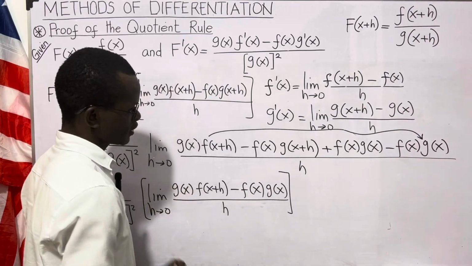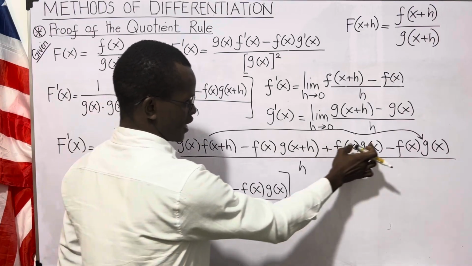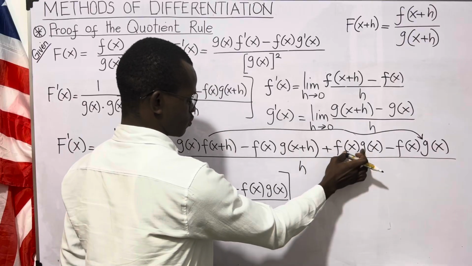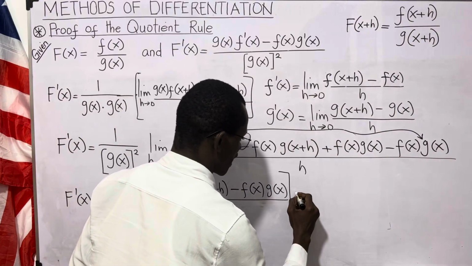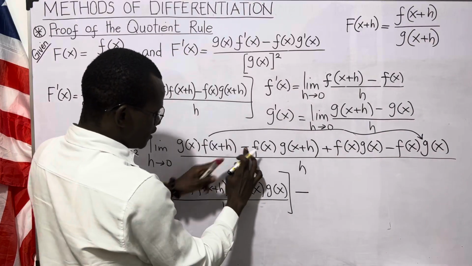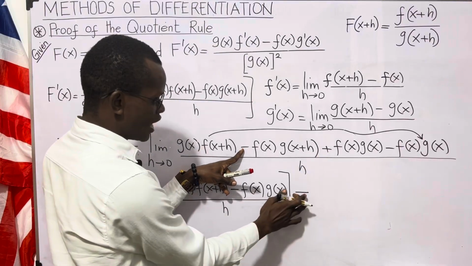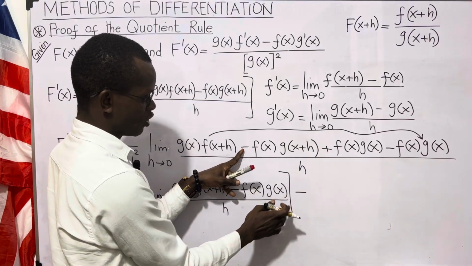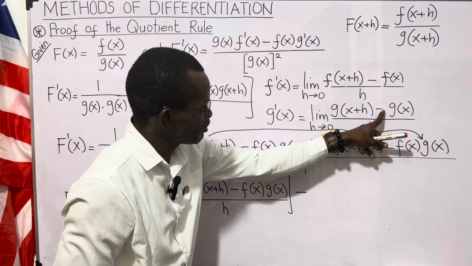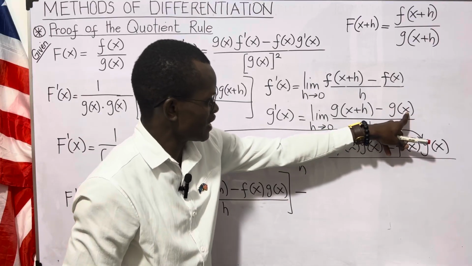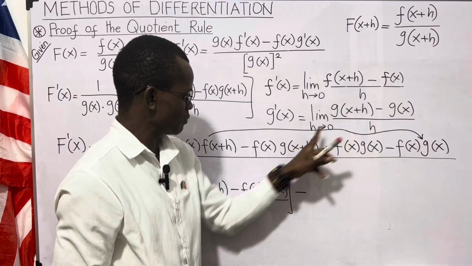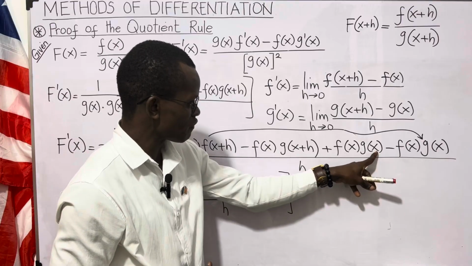The next is I have this and this as well, right? These two. But if I factor out this negative, it means this first expression will be positive and the next one will be negative. Why am I factoring out the negative? It's because the negative is attached to the g of x. It's not attached to the g of x plus h. It's attached to the g of x.